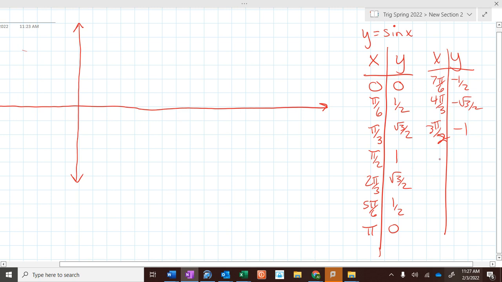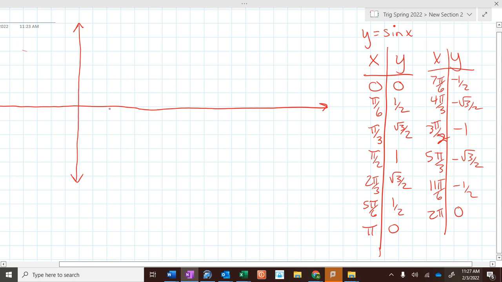Negative 1. 5 pi over 3? Negative square root of 3 over 2. So then 11 pi over 6? Negative 1/2. 2 pi? 0.